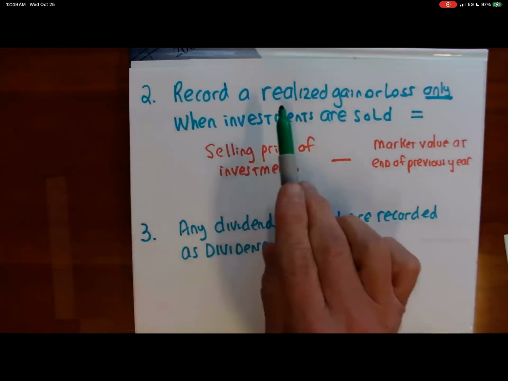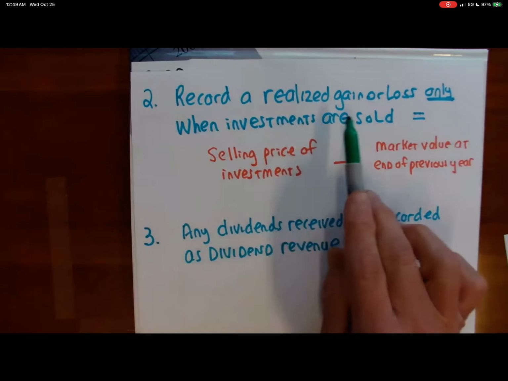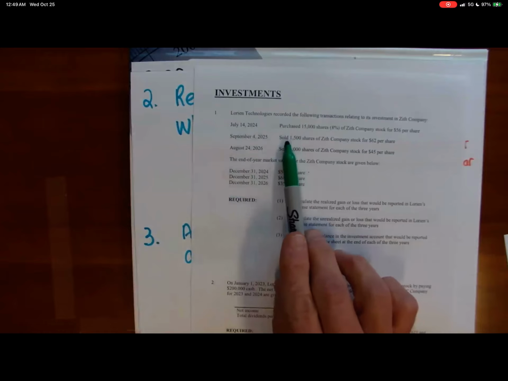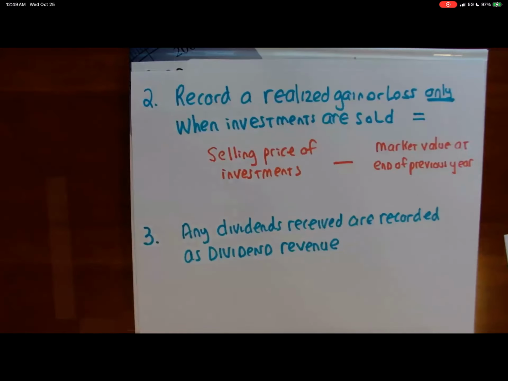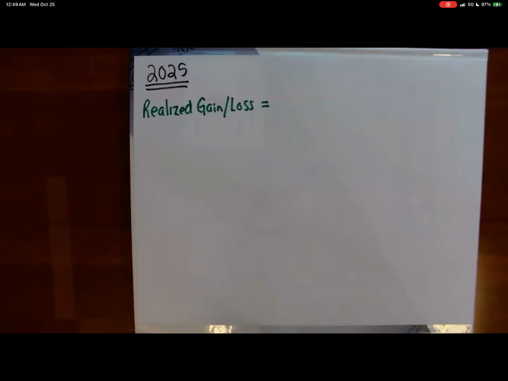We record a realized gain or loss only when investments are sold. And on September 4th of 2025, we sold 1,500 shares for $62 a share. As soon as you see there was a sale, that's the trigger. We have a realized gain or loss.